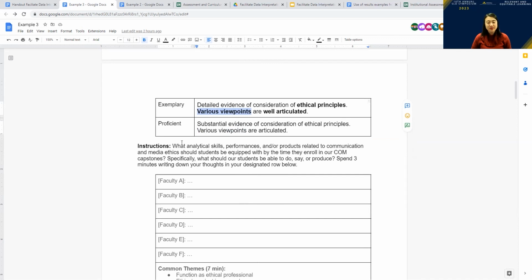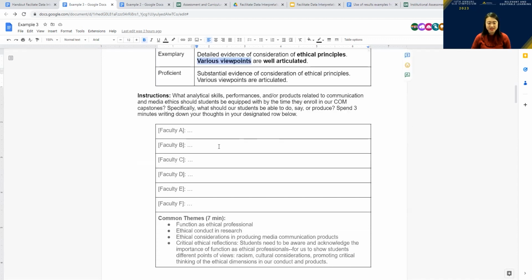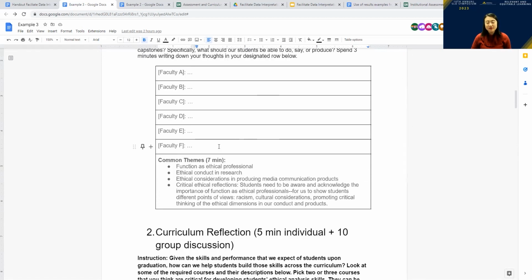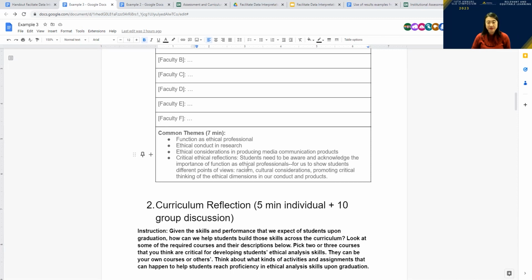Then I asked faculty members again to think about that. What are the student products we can expect? What are the skills when we talk about critical ethical analysis? If you are working with communication faculty members, you may come up with these 4 dimensions as well. It's like function as an ethical professional, ethical conduct in research, ethical considerations when they produce communication products themselves, and of course, critical ethical reflection.